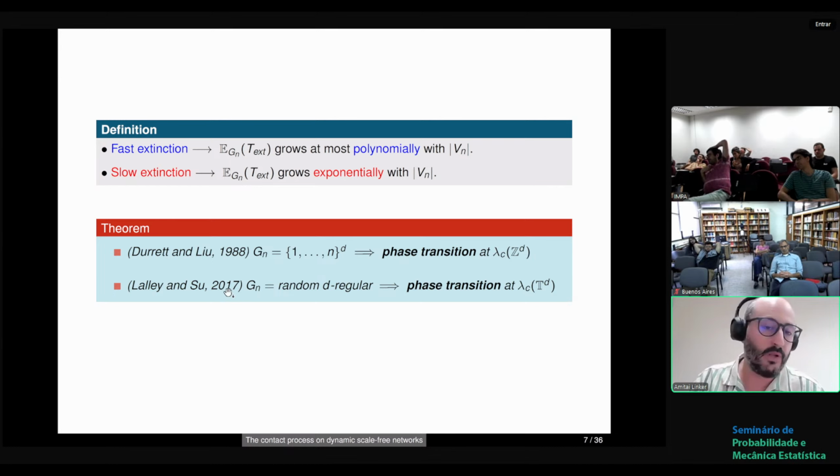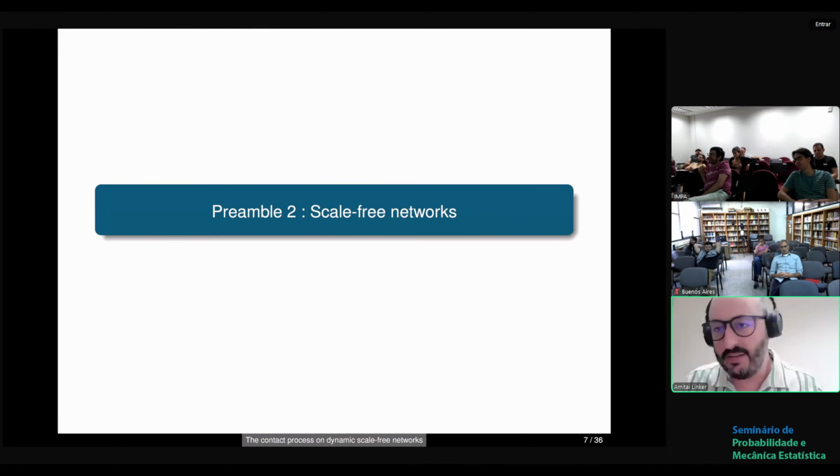And there is another, more recent result, from 2017 by Lalley and Su, in which if you take the random d-regular network, then you observe a phase transition at exactly the critical parameter of the d-regular infinite tree, which is the local limit of these random d-regular networks. Okay, so that is for the contact process.